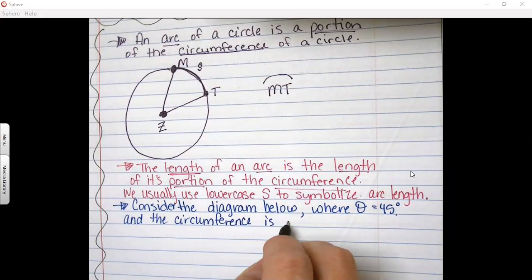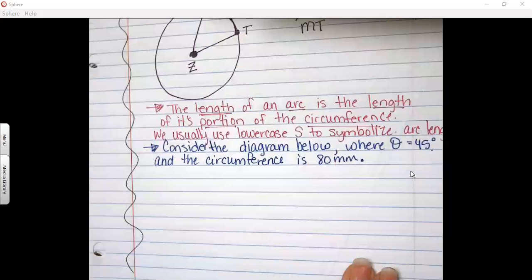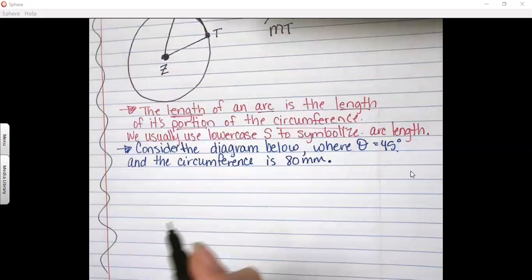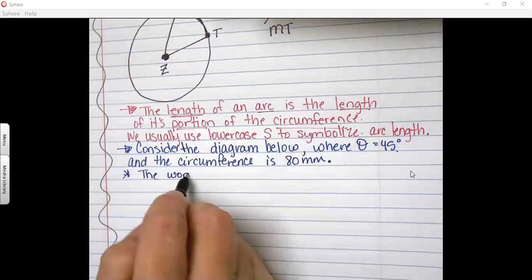Also, we need to write the word subtend. I can't remember if it was with this class or my second period where somebody was asking me what subtend meant. The word subtend means to be the opposite of.